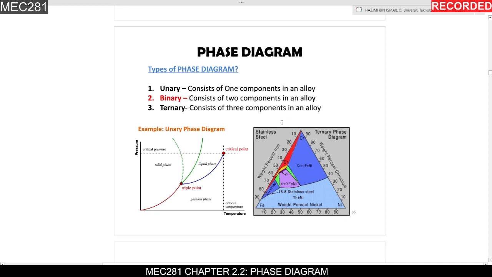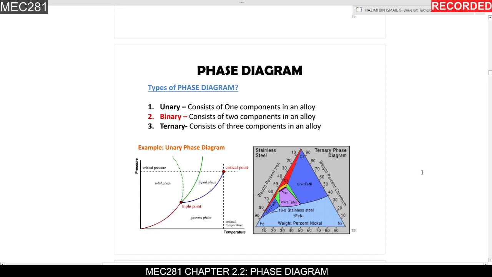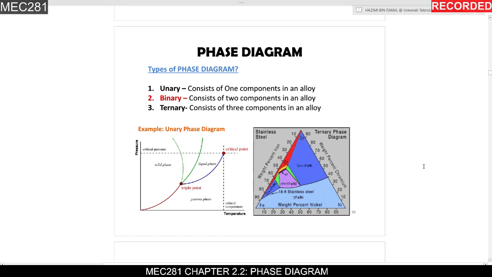So here, two or more metal elements make an alloy. So when we know that there is a binary phase diagram, automatically you have to know that there are two components in that phase diagram. Okay, if it is unary, only one component. So basically for our syllabus here, you will commonly have the binary phase diagram.